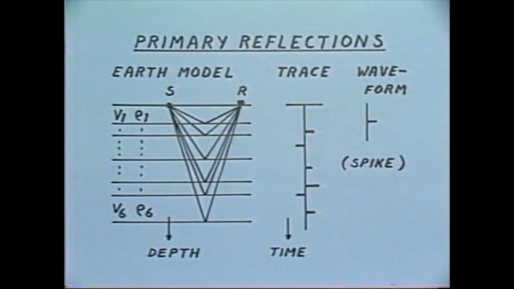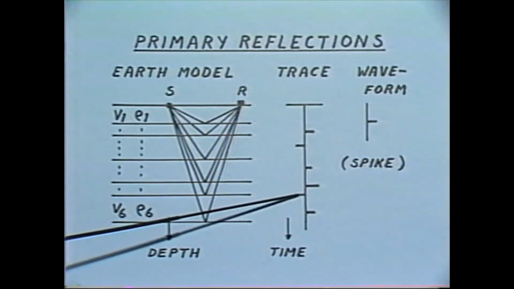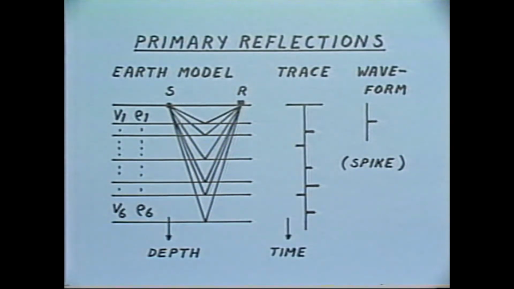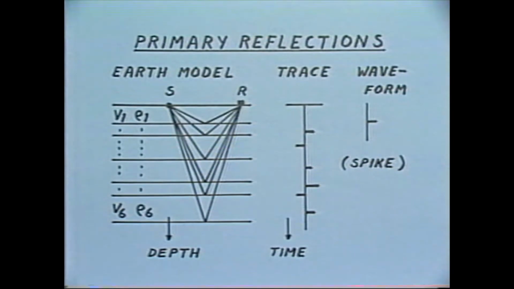So the direction in which the impulse appears on the seismic trace indicates whether it's a positive or negative reflection coefficient, and the size of the spike is proportional to the magnitude of the reflection coefficient.